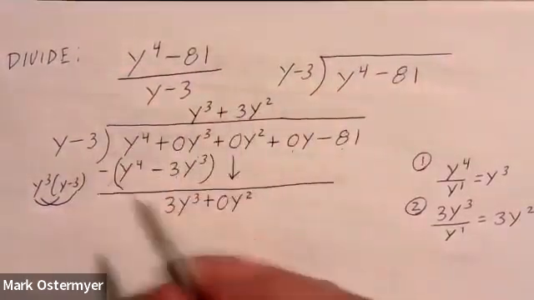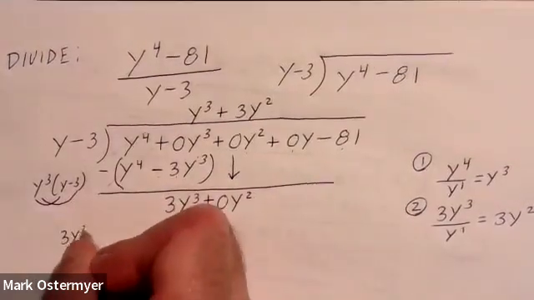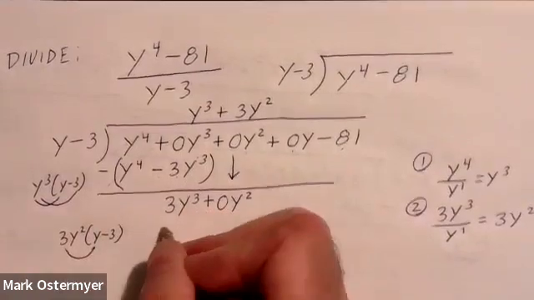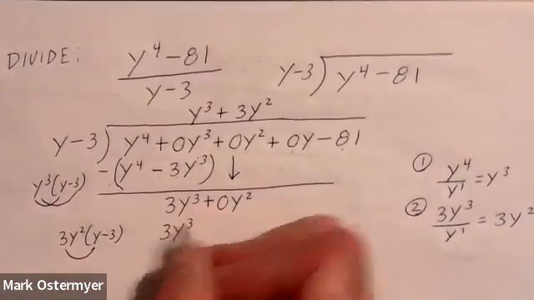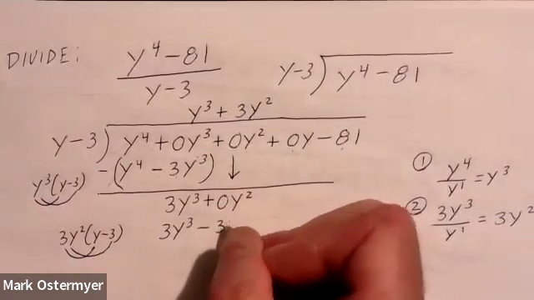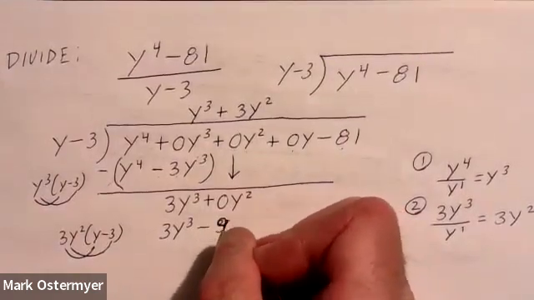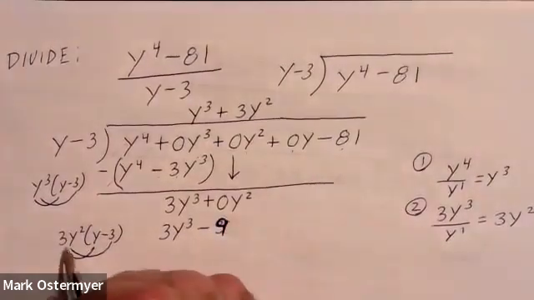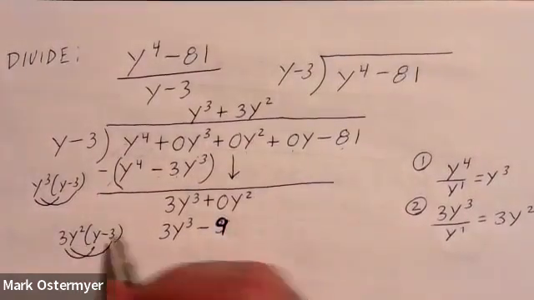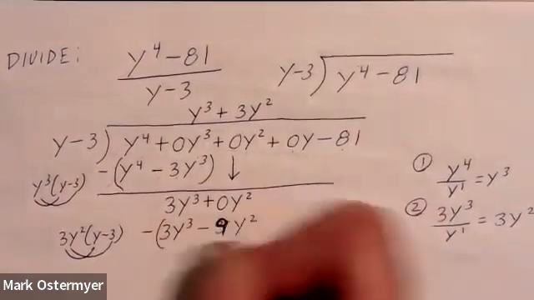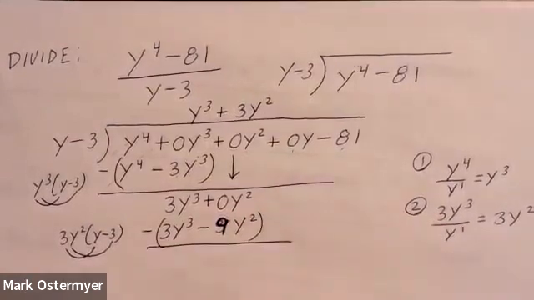Take the 3y squared, multiply it by the divisor. 3y squared times y is 3y cubed. 3y squared times -3 is -9, excuse me. Whoa, almost fell into my Monday trap. 3y squared times -3 is -9y squared. Subtract off the whole polynomial.